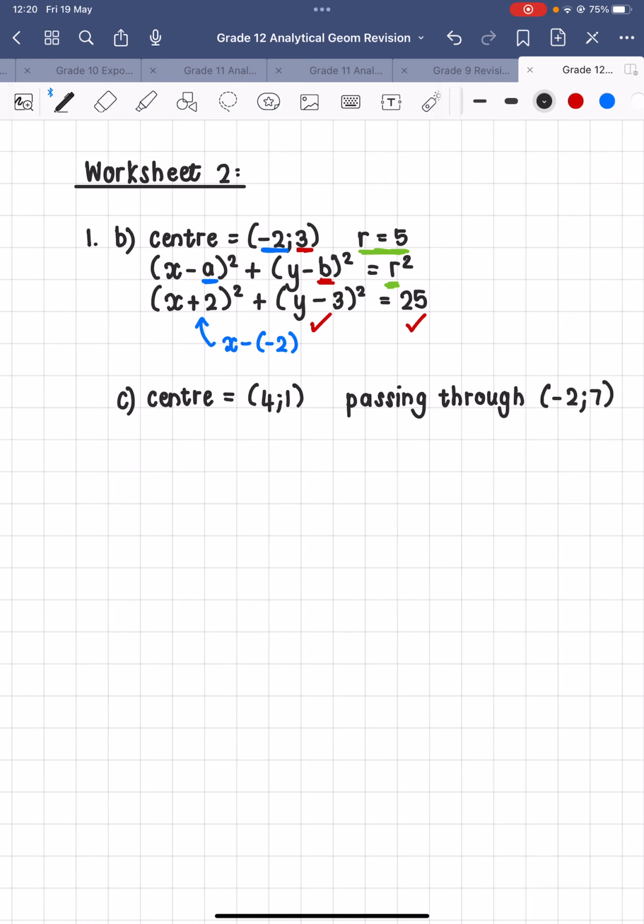We don't know what the radius is. Okay, we can fill in our left hand side though, right? Because we have the center. So we can say x minus, what is the x value of the center? 4. And then we square that. So the x value always goes in the x bracket, right? Plus y minus the y value, which is 1, squared, is equal to r squared.